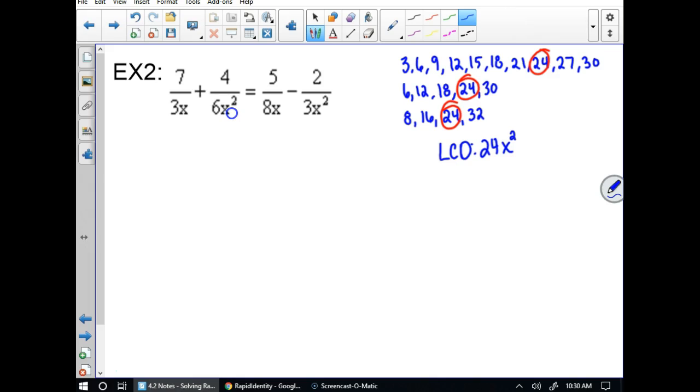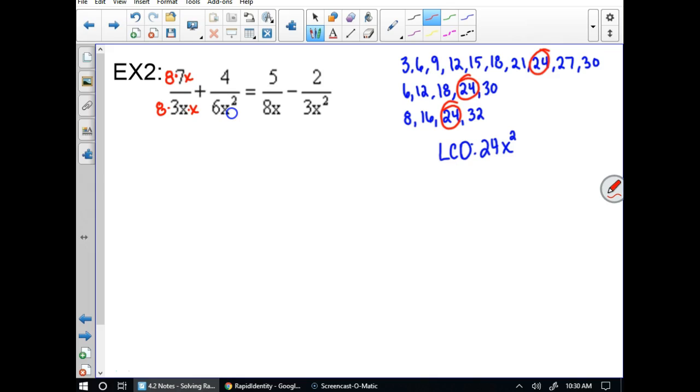You have to use the highest exponent of whatever variable you have there. So that means I need to multiply each one of these fractions by something so that I will get 24x squared in the denominator. For the first one, I would have to multiply by 8 to get to 24. And I've only got an x, so I also have to multiply by an x. So I'm multiplying by 8 and x in the numerator as well.